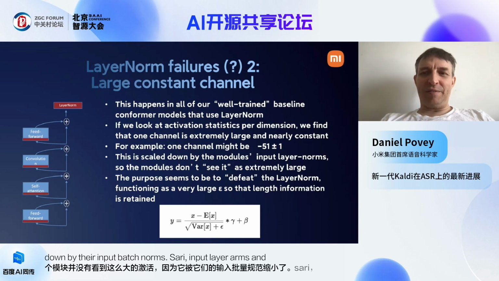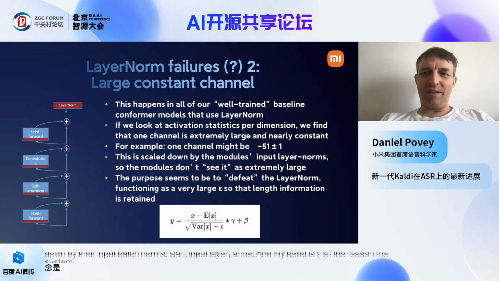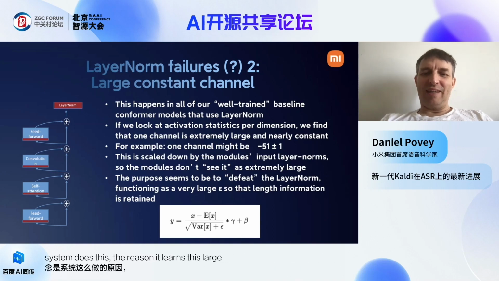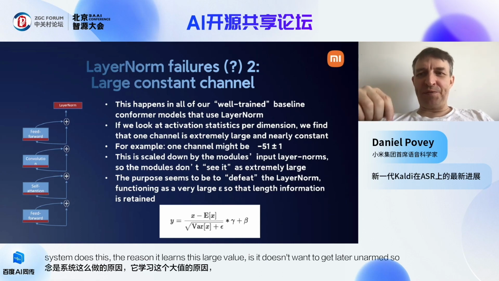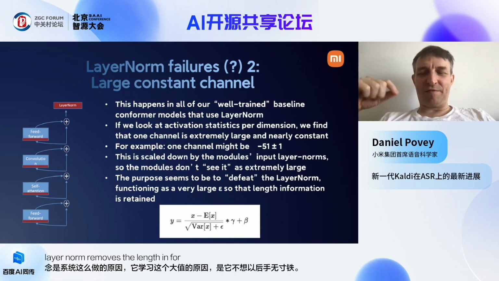And my belief is that the reason the system learns this large value is it doesn't want to get layer normed. Layer norm removes the length information from the vector, because it normalizes the length.